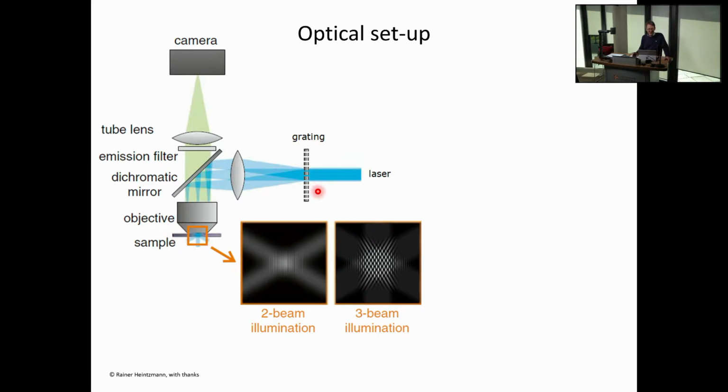And if you think about this, if you arrange the grating to be 1 focal distance away from the collimator lens, and you have the collimator lens 1 focal distance from the back focal plane of the objective, then I get 3 delta functions here. 0 order, I get the -1 and the +1 order, and those will then pass through the objective lens.